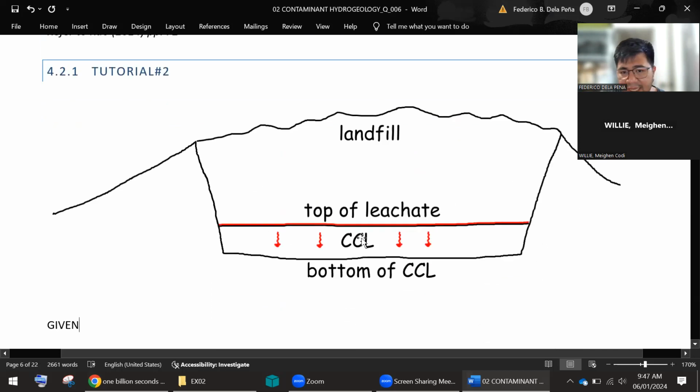Therefore, you can see that clay has a very special value for landfills. It has a very, very low hydraulic conductivity that it can essentially hinder the movement of contaminants or leachates from the landfill.